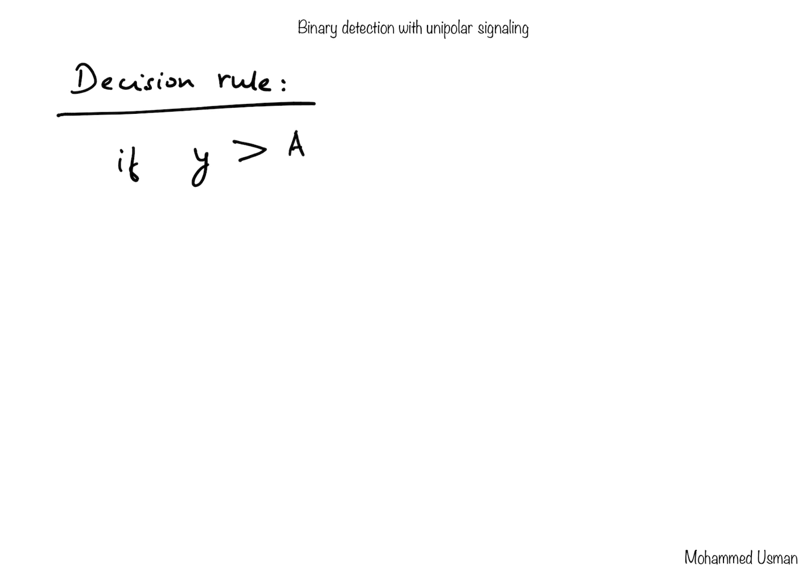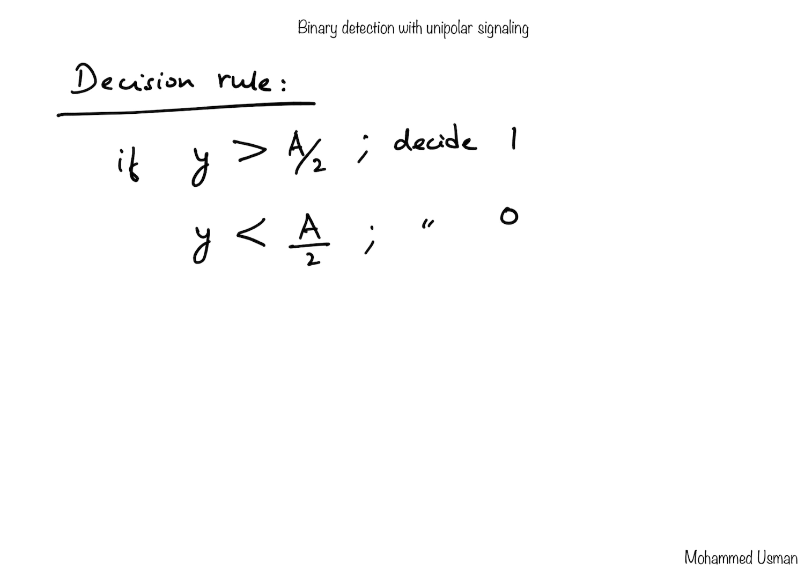Next, we define what we call the decision rule. The decision rule would be as follows: if the received signal Y is greater than the threshold, our threshold being A by 2, decide 1. If the received signal Y is less than A by 2, then decide 0.